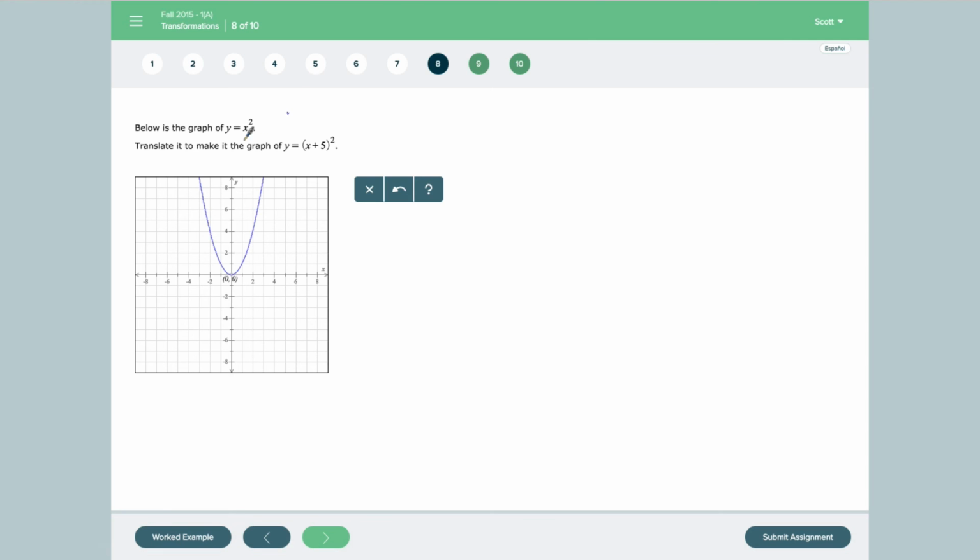Okay, once again, the whole thing is in parentheses. What's inside the parentheses here? Plus 5. So we've got plus or minus in the parentheses, which means it's got to go that way, to the left, so not up. So we're going to go left 1, 2, 3, 4, 5.